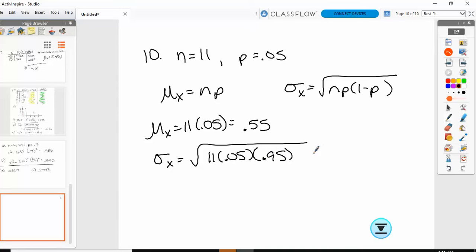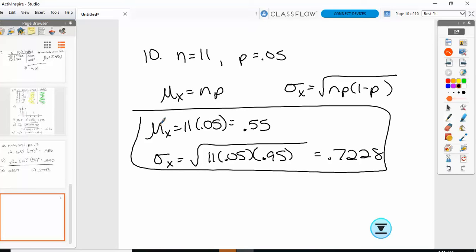Standard deviation is the square root of 11 times 0.05 times 1 minus 0.05, which is 0.95. And you get 0.7228. Is that okay?